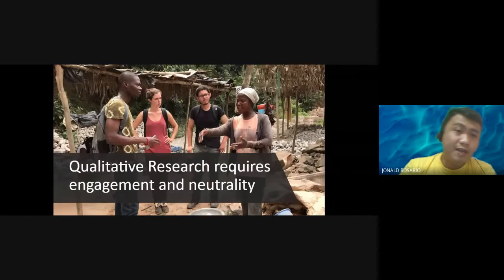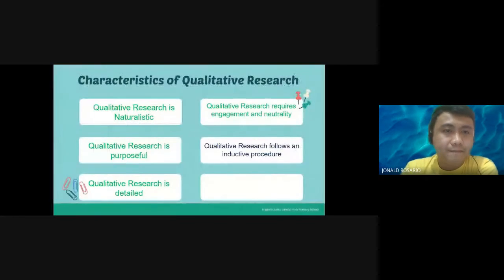Open po tayo sa mga ideas o mga sinasabi ng ating mga participants. Huwag natin po silang kontrahin and so on. Kailangan po tayong magkaroon ng neutrality, no? Okay, so that's why qualitative research requires engagement and neutrality.